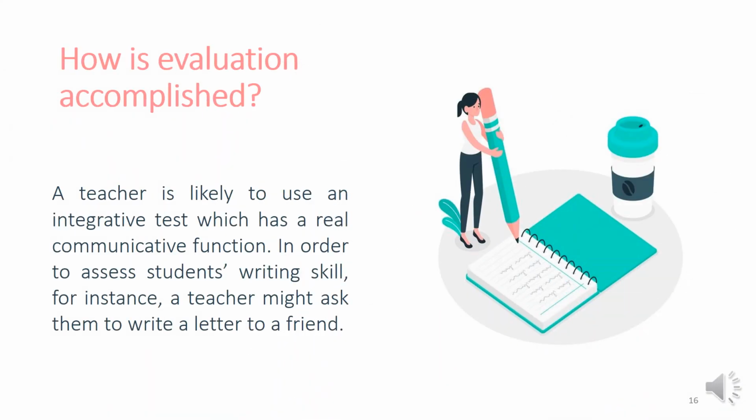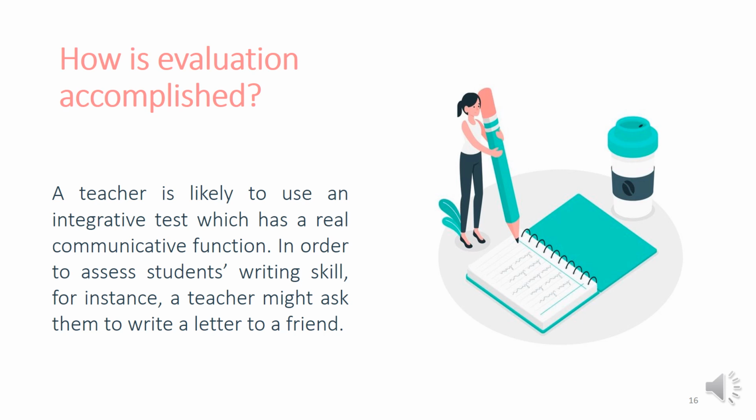How is evaluation accomplished? A teacher evaluates not only his students' accuracy but also their fluency. The student who has the most control of the structures and vocabulary is not always the best communicator, okay? A teacher can evaluate his students' performance informally in his role as advisor or co-communicator.